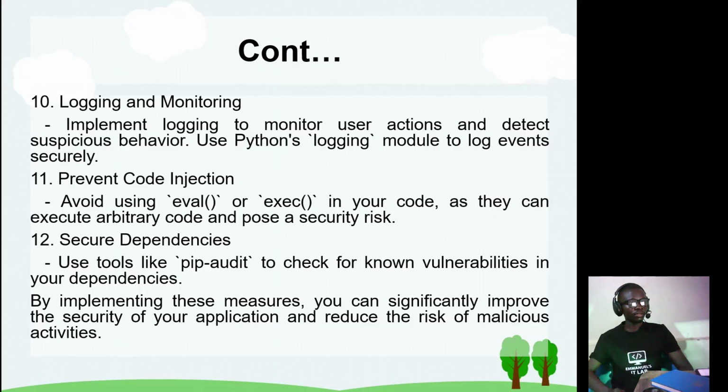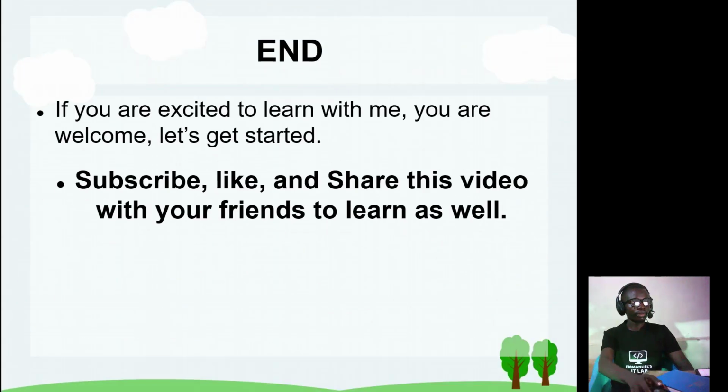Secure dependencies: use tools like pip audit to check for known vulnerabilities in your dependencies. By implementing these measures, you can significantly improve the security of your application and reduce the risk of malicious activities. In case you're excited to learn with me again, go ahead, finish up here and let us meet again.